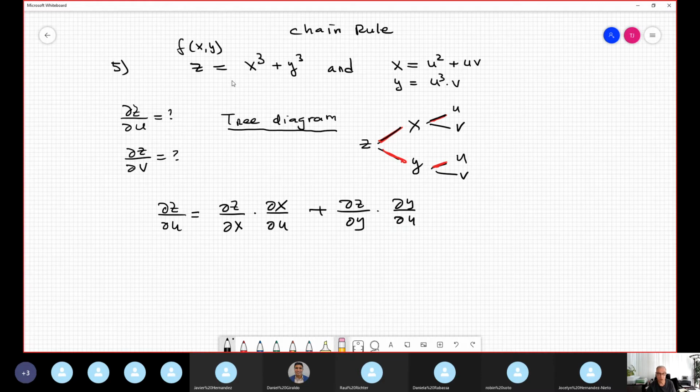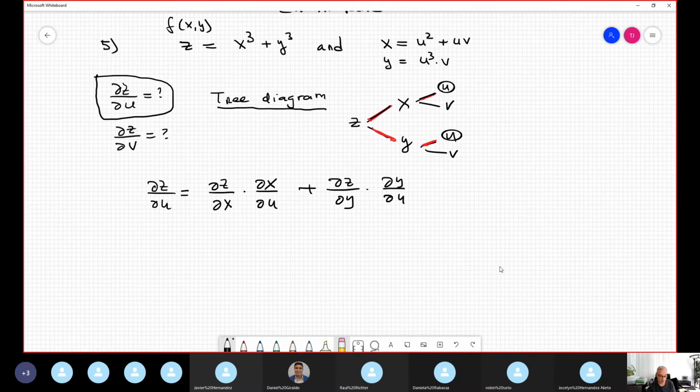Because we are working with u, we end in u in this case. The other one depends on v, so we do that after. We focus on computing separately these partial derivatives.